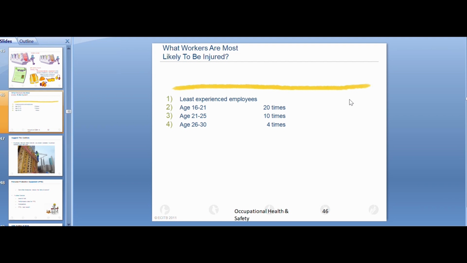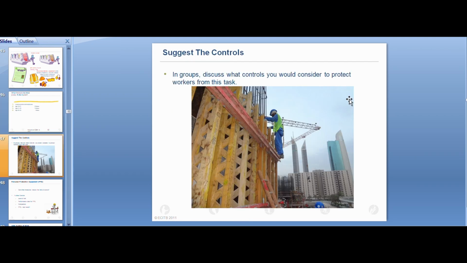Then 26 to 30 is reduced again because they have more knowledge and more experience about their work and activities. In this group discussion, the person is standing on an improper working platform and is not using a proper safety harness, which is very dangerous. This kind of working activity we have to avoid and stop.